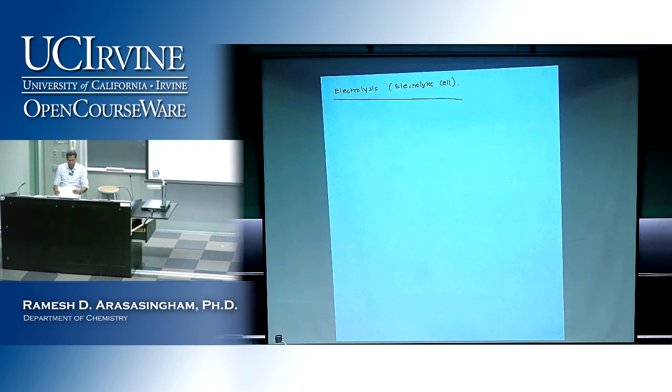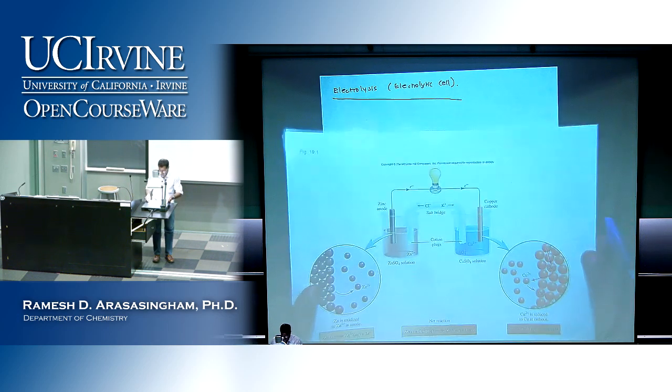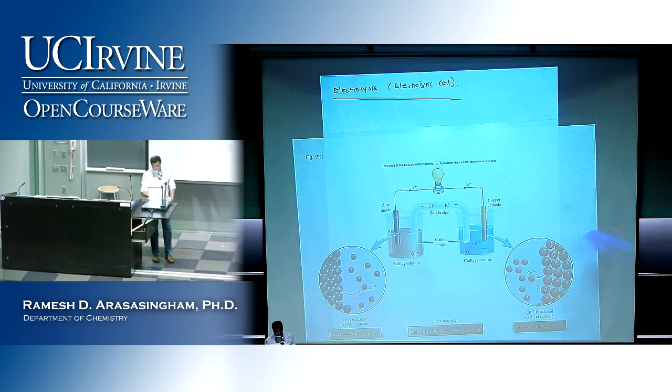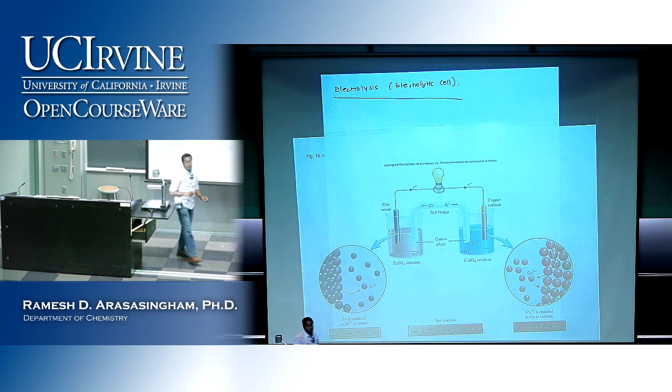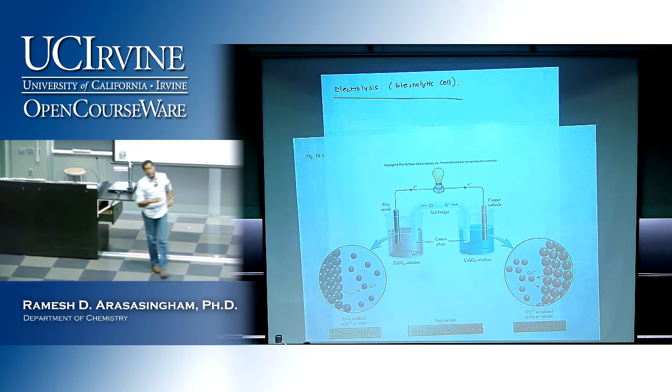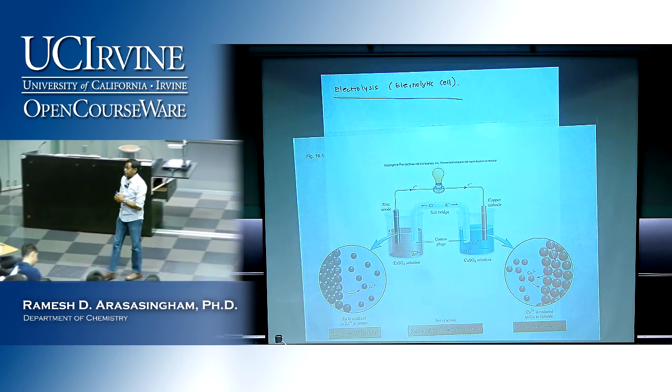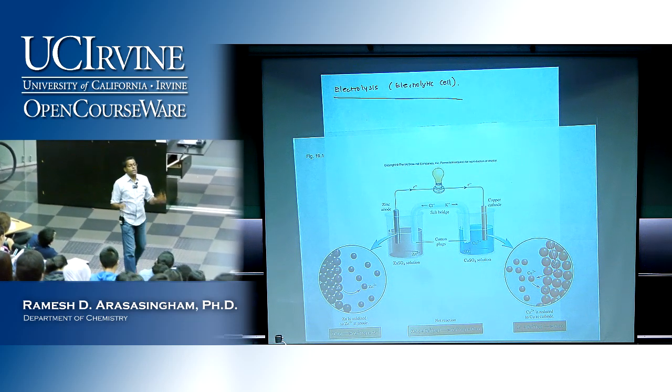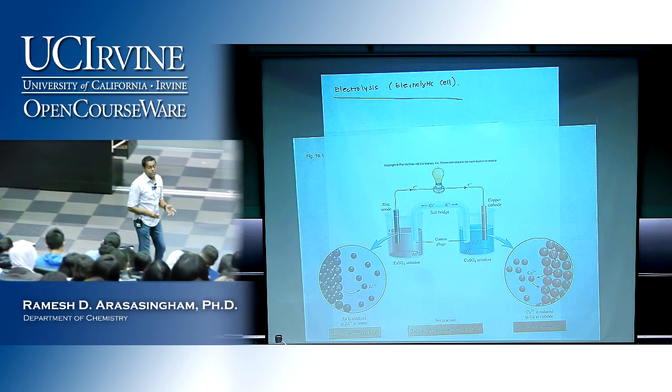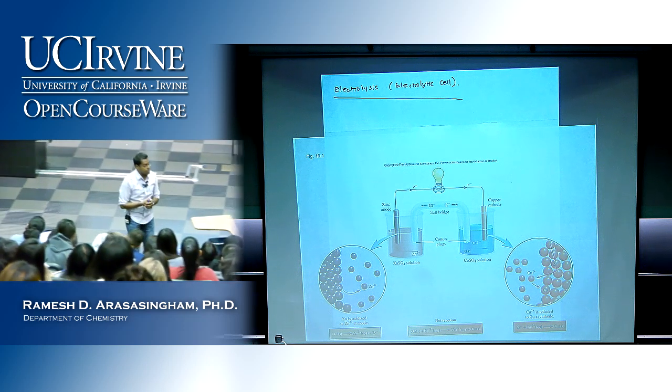So in the past, we've looked at the galvanic cell, and we've looked at the Daniell cell in detail. All right? And we've seen this picture of the Daniell cell. Now, Daniell cells take advantage of a spontaneous reaction. There's a natural tendency for the reaction to take place.